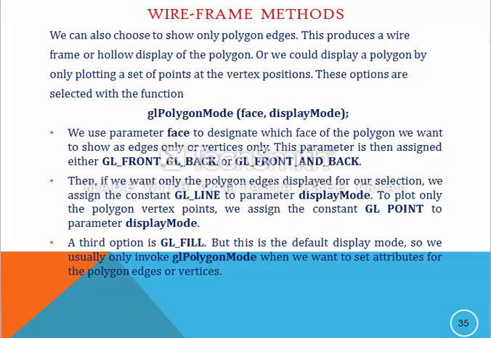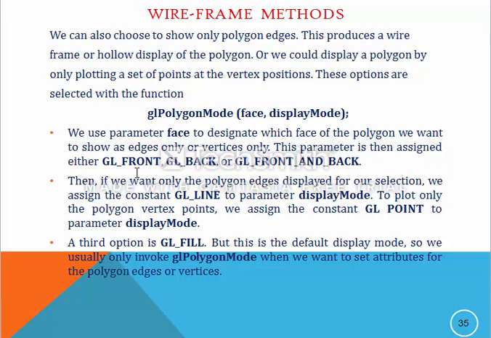The wireframe methods help in choosing only the polygon edges, where a wireframe or a hollow display of the polygon is produced. You can also display a polygon by only plotting a set of points at the vertex positions. These options are selected with the following function. The parameter face is used to designate which face of the polygon we want to show as edges only or the vertices only.